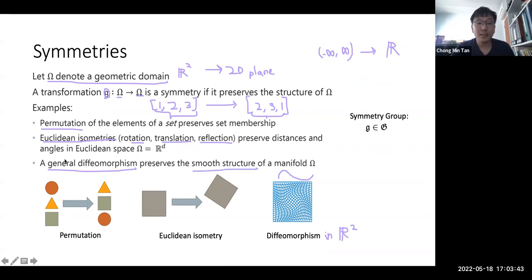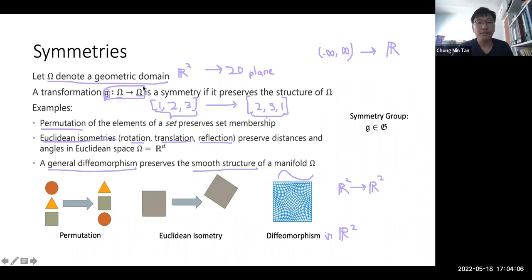So in general, this is also a valid transformation. Why? Because when you differentiate something in R squared, you will still get back R squared. And because it's a continuous domain, this property holds.